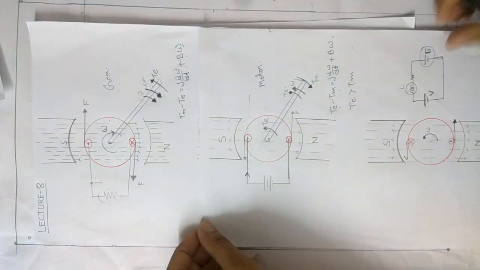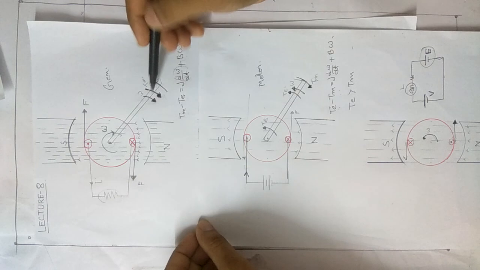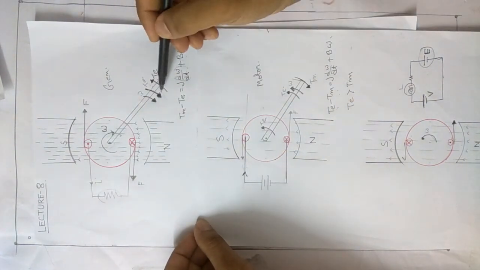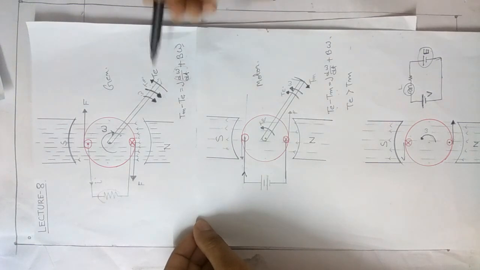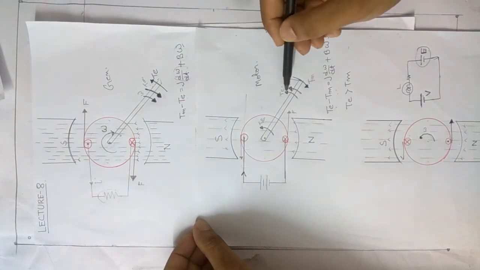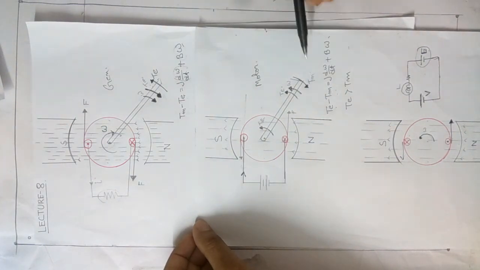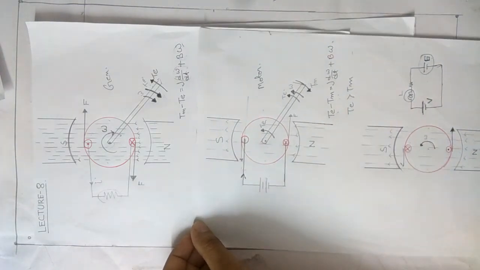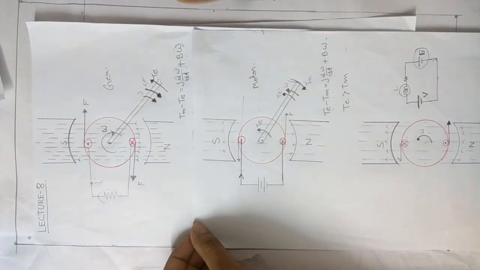The only difference is that in a generator Tm is greater than Te, and in a motor Te is greater than Tm. Otherwise everything is same. So whatever is applicable to motor is equally applicable to generator.